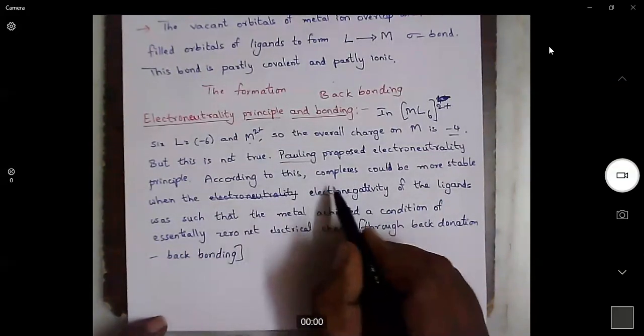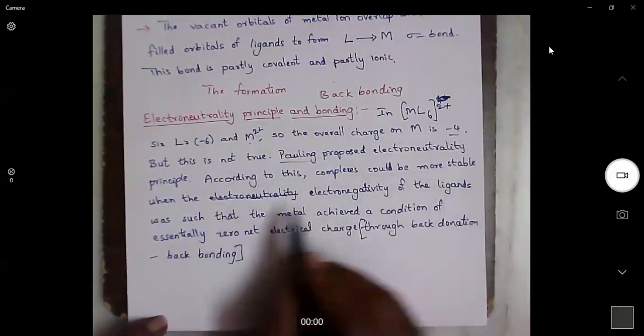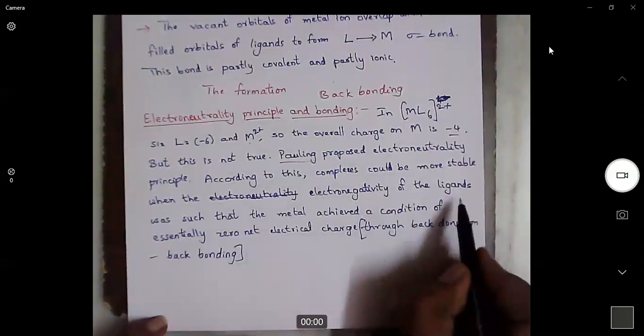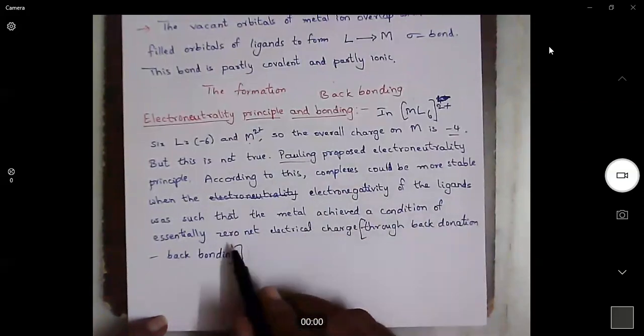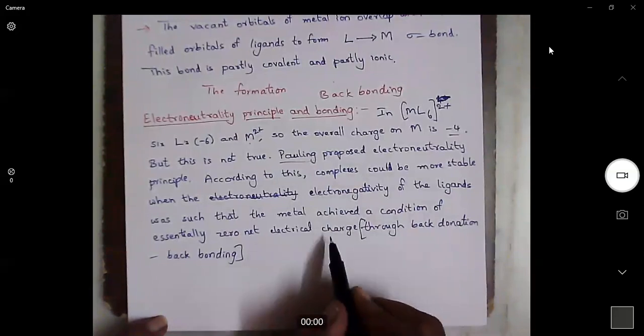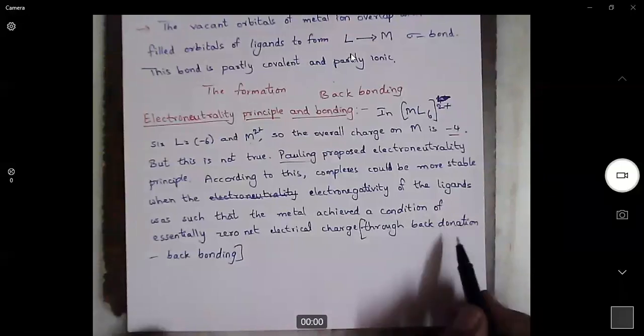According to this principle, complexes could be more stable when the electronegativity of the ligands was such that the metal achieved a condition of essentially zero net electrical charge. How is it possible? It is possible when there is a possibility of back donation.